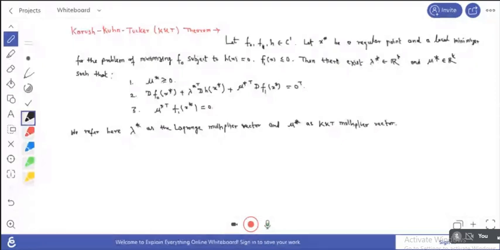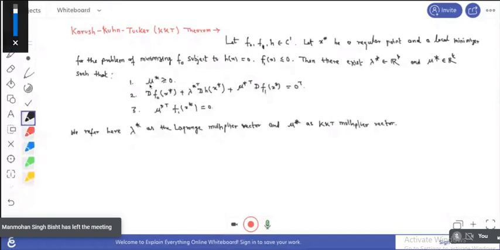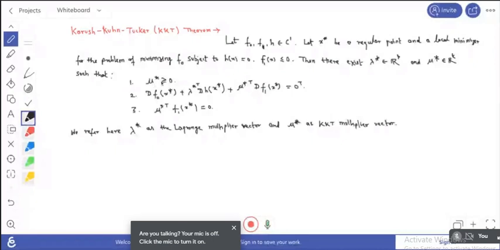There are some conditions here. Mu star is always greater than or equal to 0, meaning mu star is either 0 or greater than 0. Second, the derivative of the objective function at x star plus lambda star transpose times the derivative of the equality constraint equals 0 transpose.